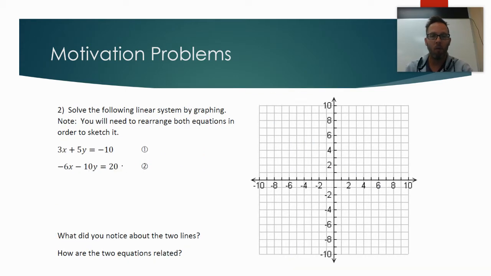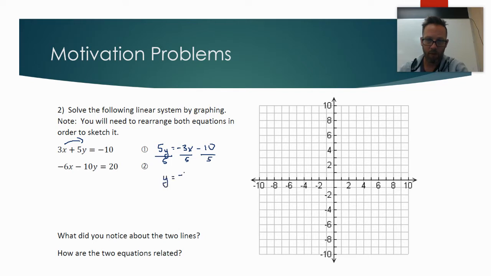But let's look at one more. Can you maybe just try the same way here? Solve this linear system. Let's rearrange this first one, so we'll isolate the y term. So 5y equals negative 3x, and then we still have negative 10. Then we're going to divide everything by 5.